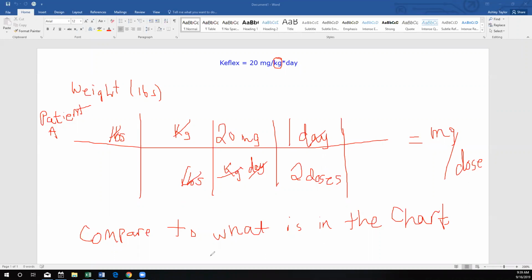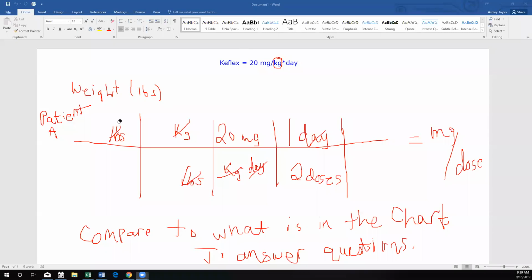And this is to answer my questions. So this is my calculations.